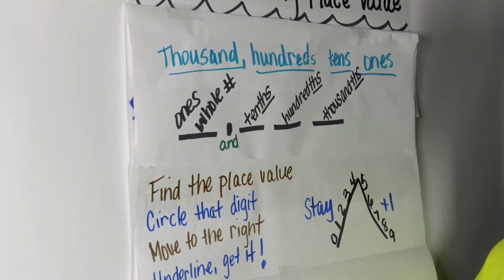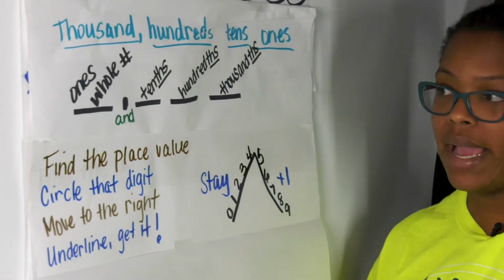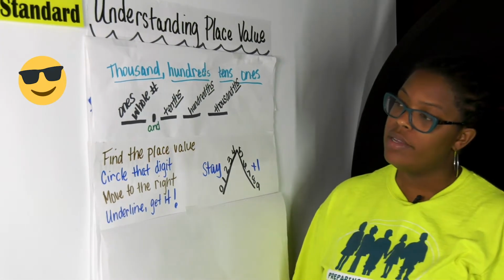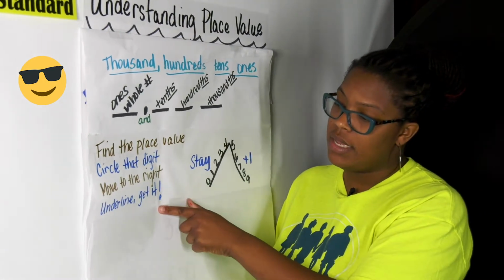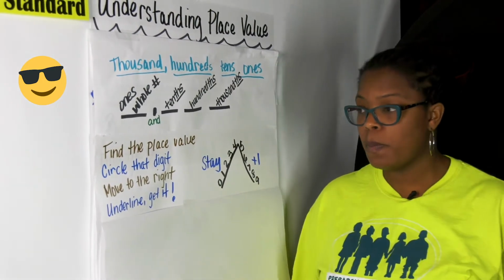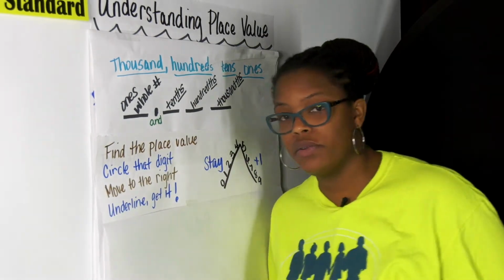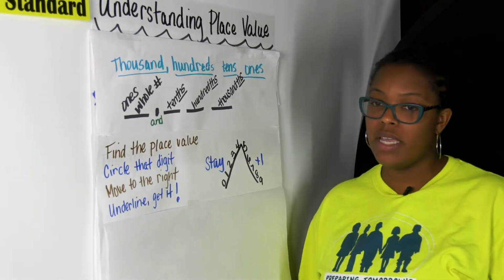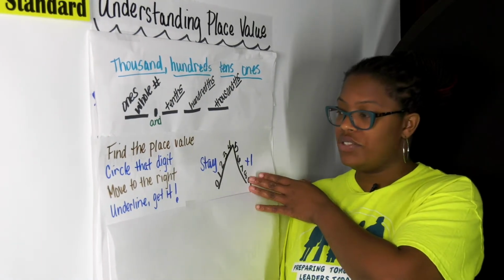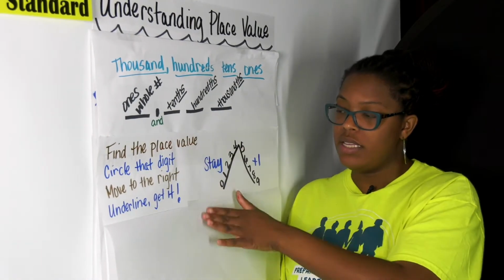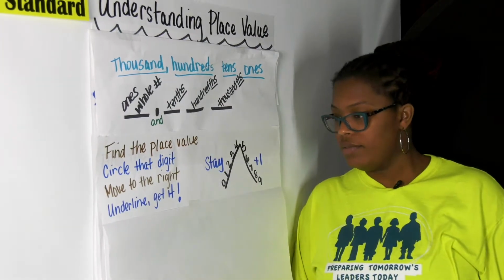Then we learned 2 strategies on how to round using place values. The first strategy that you can use is our wrap. Find the place value, circle that digit, move to the right, underline, get it. And then the second strategy you would use is our rounding triangle.